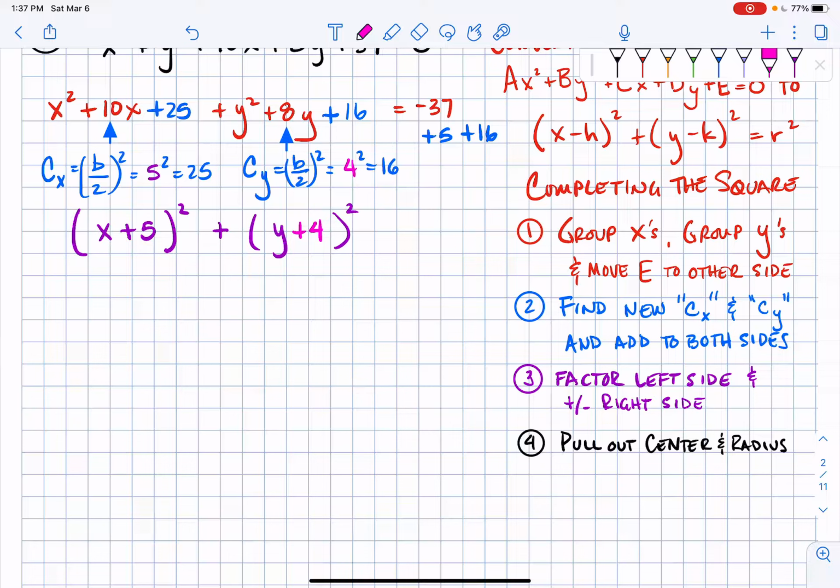And that is going to equal negative 37 plus 5 plus 16, which is going to give me a 4. Okay, let me see. 37, negative 32. Oops, nope, it's not going to give me 4. Is that right?